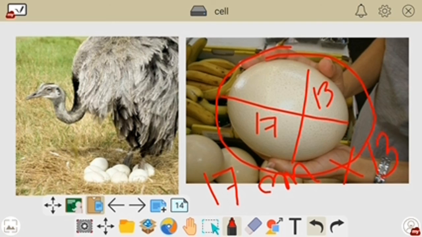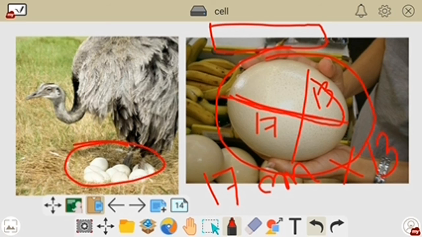So it is the largest cell. If you have a small ruler scale in the geometry box, you can see that the size of the scale is almost 17 centimeter. So the biggest cell is the egg of the ostrich.